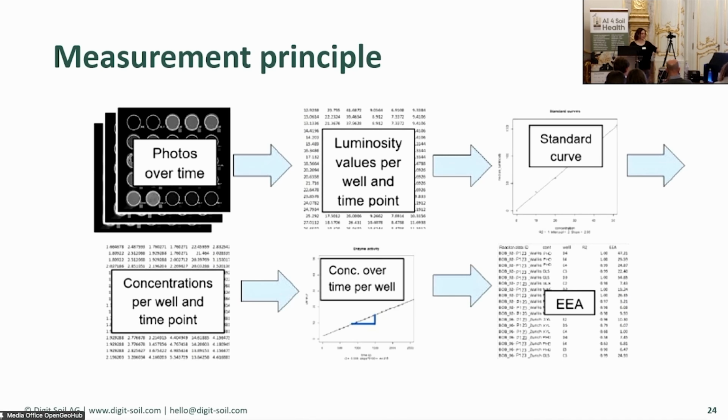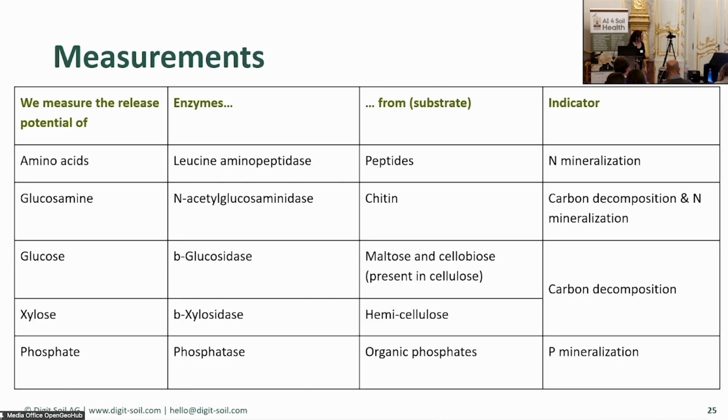This is all implemented in an automated data analysis pipeline. Currently we measure 5 different enzymatic activities from the nitrogen, the carbon, and the phosphorus cycle. We will probably implement more enzymes depending on your needs and what is available, so this setup can do many more than just these.